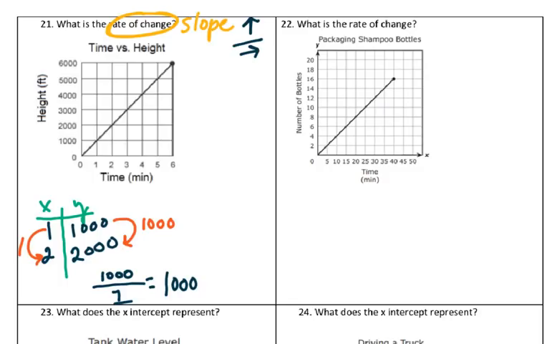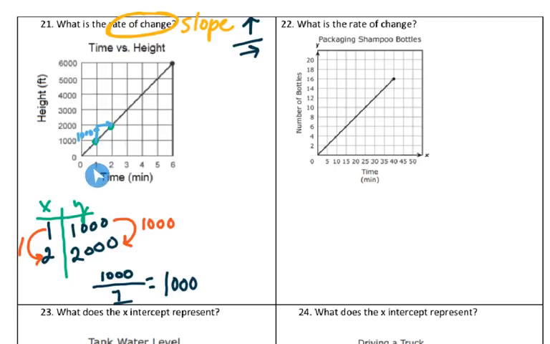Another way you could have done that is just by looking at the picture. From one perfect point to the next perfect point, it went up. It didn't go up 1. Yes, I know it's 1 block, but it didn't go up 1. It went from 1,000. Now it's at 2,000. So it went up 1,000. Then it went over.